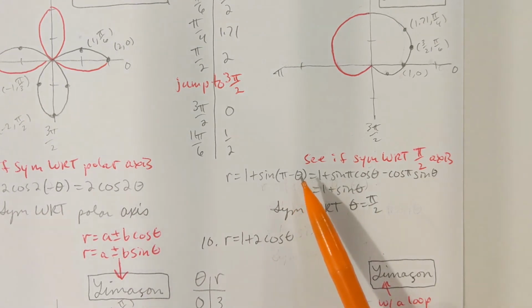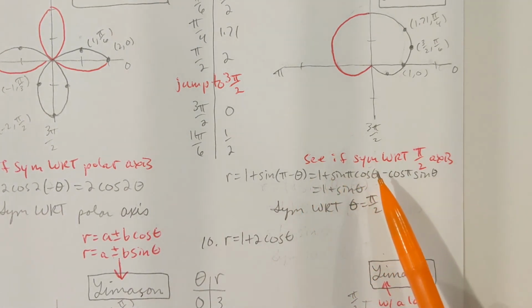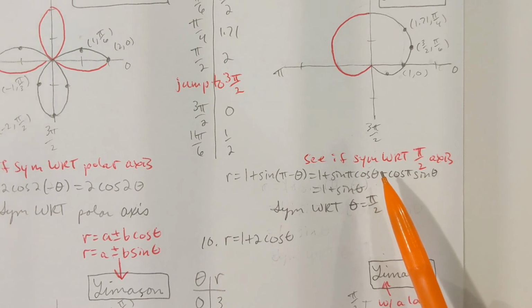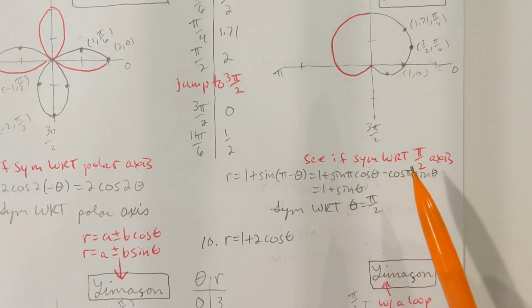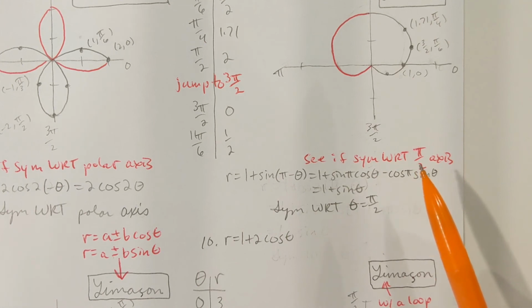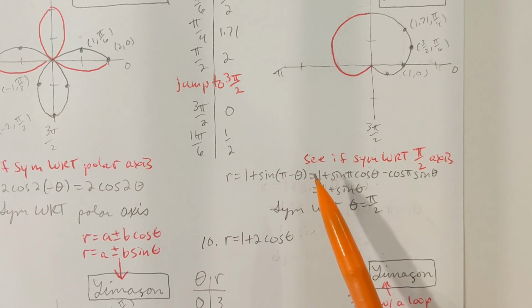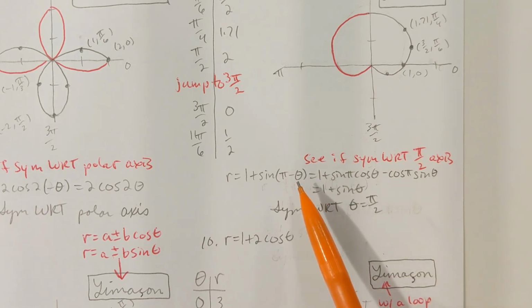Sine of pi minus theta, I'm using an identity. That's our sum and difference formula that was on that sheet that I gave you there in chapter 7. Of course, that's not a formula that you have to have memorized or anything, but I'm using the sum and difference formula there.